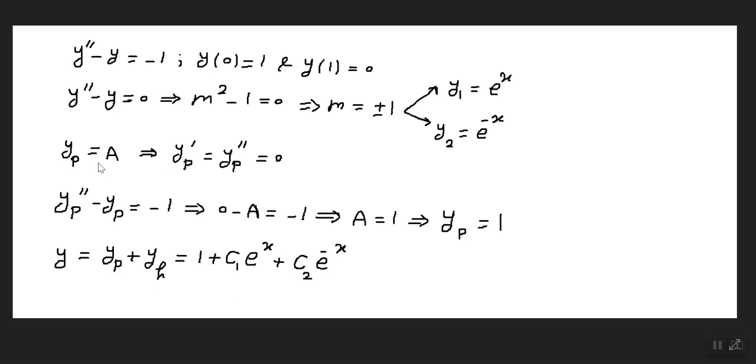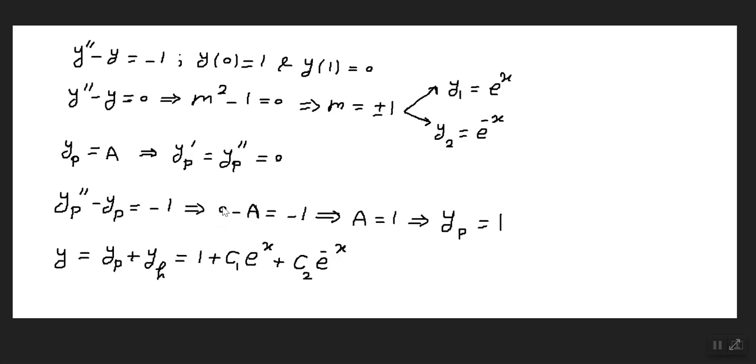Since yp is a constant function, the first derivative and second derivative are 0. So if we put yp in, it must satisfy the non-homogeneous equation. So yp double prime minus yp must be equal to minus 1.